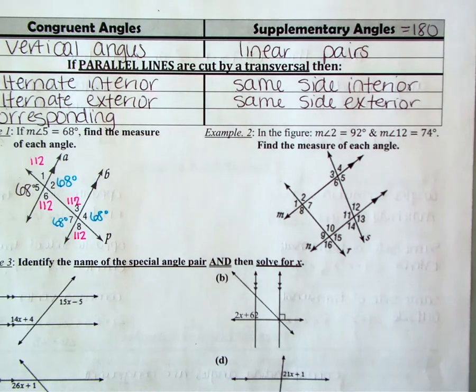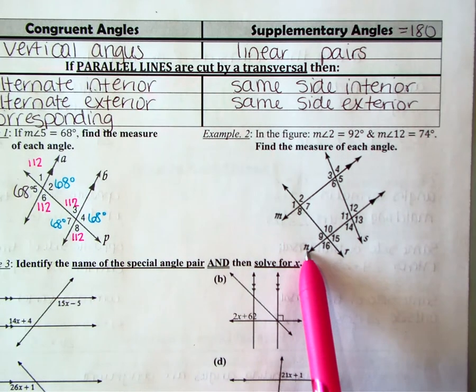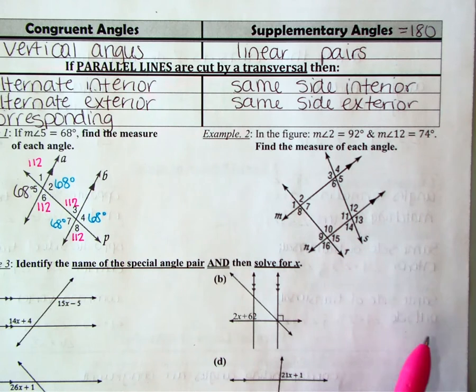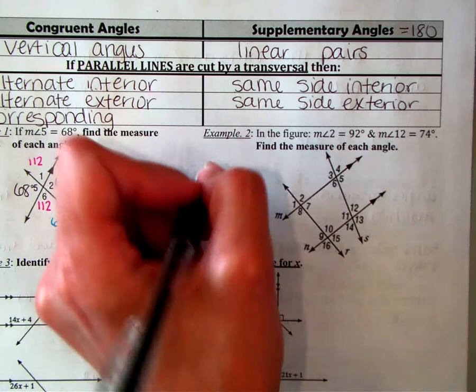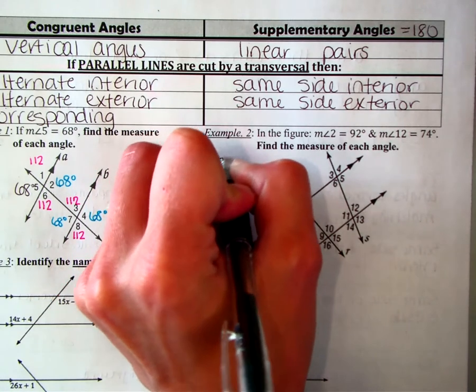Example 2, I have my parallel lines M and N, and I have two transversals. So when we're solving something like this, we want to look one transversal at a time.